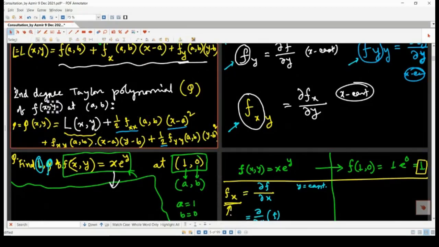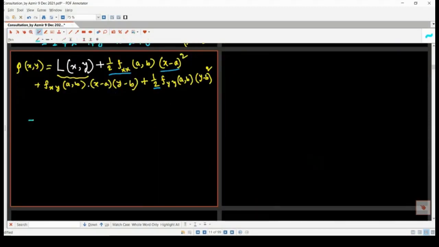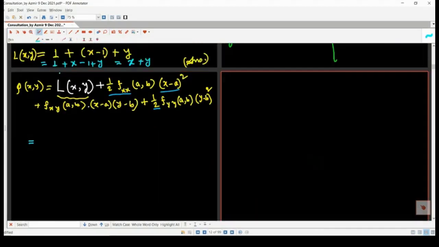I'm going to copy this one. Let me write L at first because already we have L. So L is x plus y. We know that what is L? L is x plus y. This is written here. Now we have to find the other things.